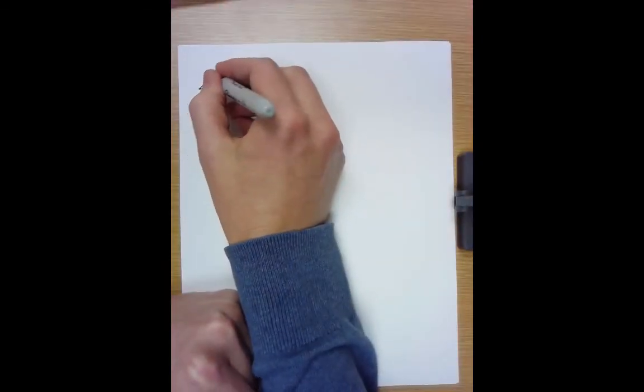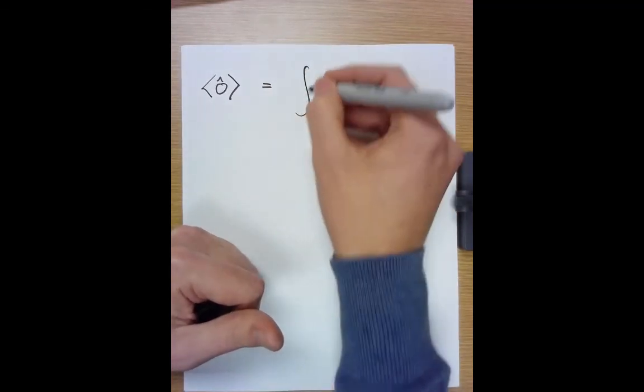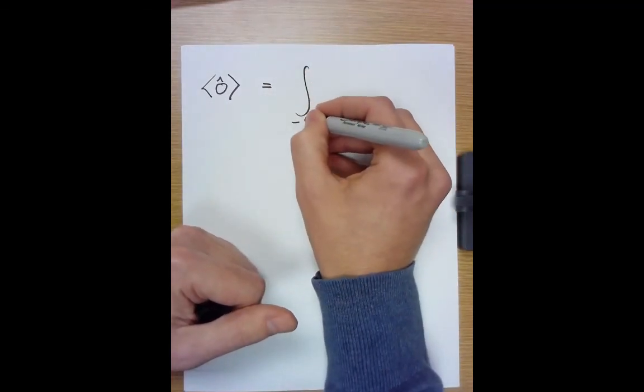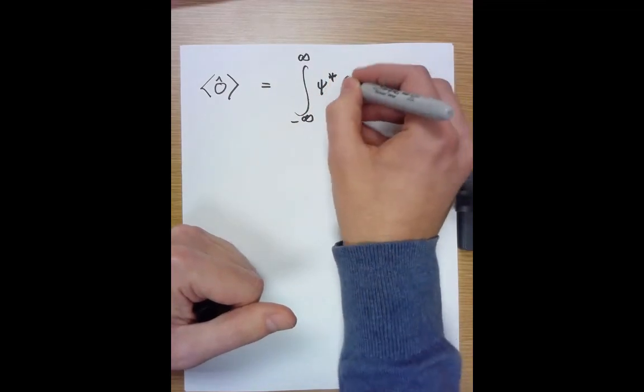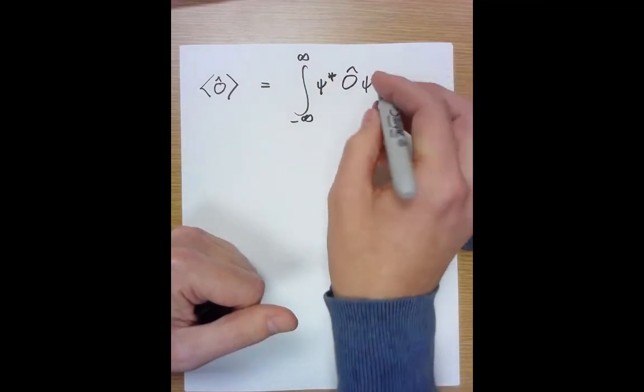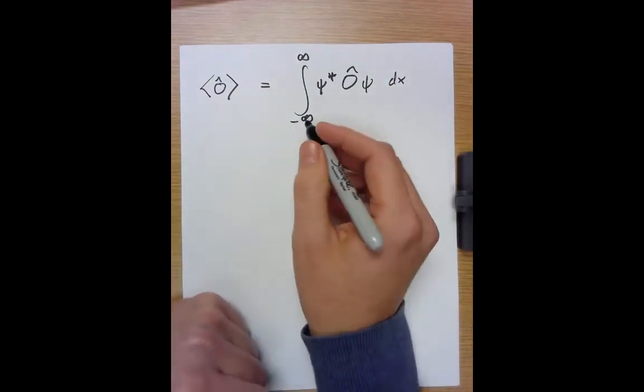The expectation value of any operator O in the position basis is equal to the integral over all space of psi star times that operator acting on psi dx. I'm suppressing the argument bit here.